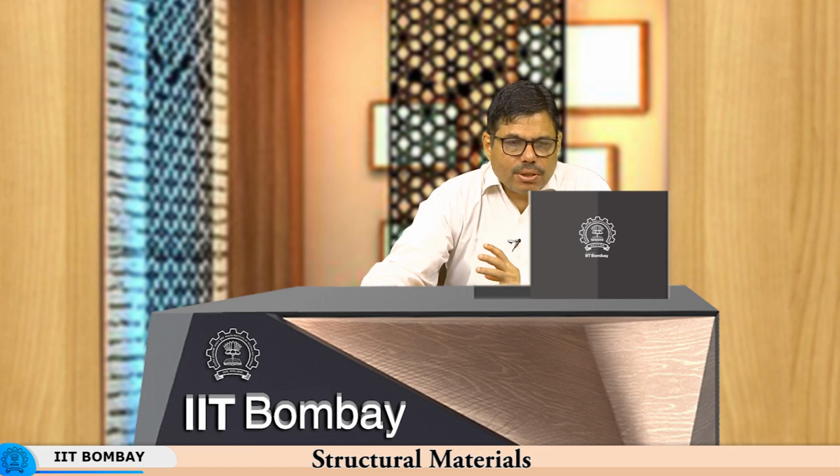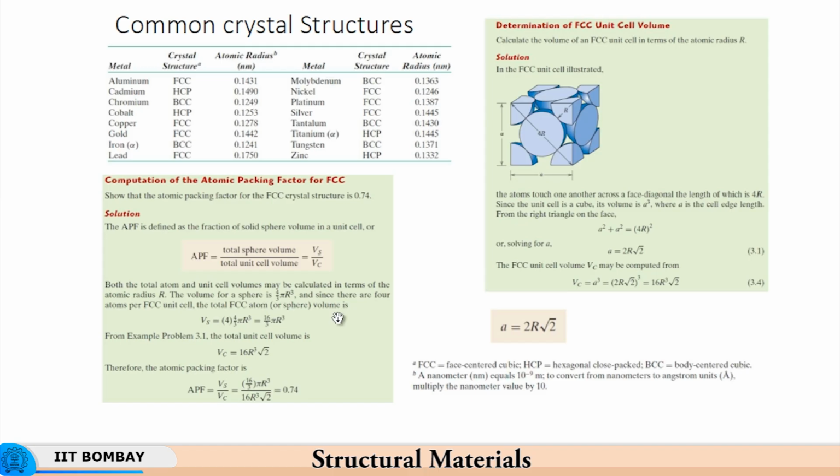Now, you need to know the atomic packing factor, for which you have already found the cell volume, and then the total sphere volume is the volume of the spheres. In the case of FCC, you have 4 atoms per unit cell. So, 4/3 pi r cubed is the volume of one sphere, and for 4 spheres you have 4 into 4/3 pi r cubed. So, 16/3 pi r cubed is the volume occupied by the spheres in a single FCC cell.